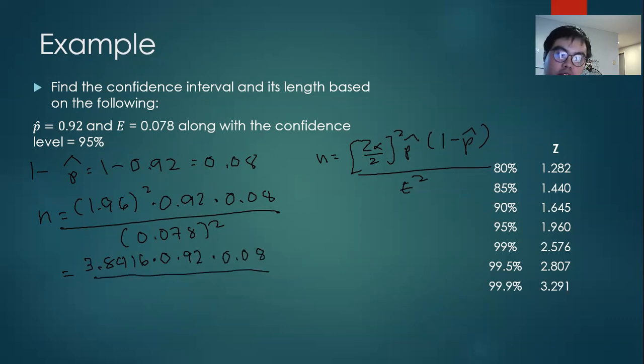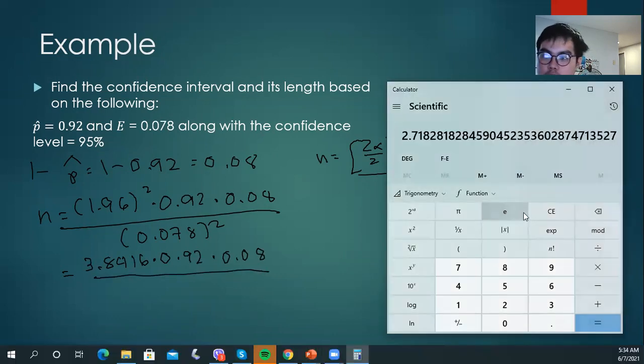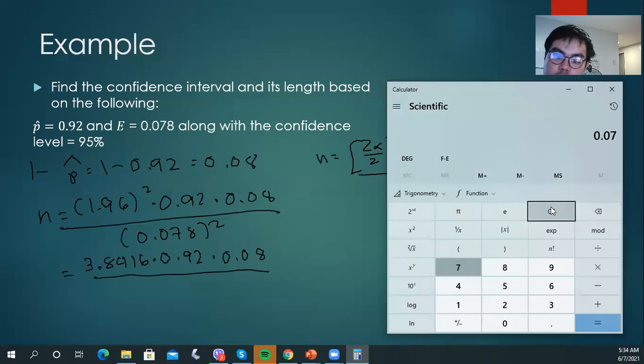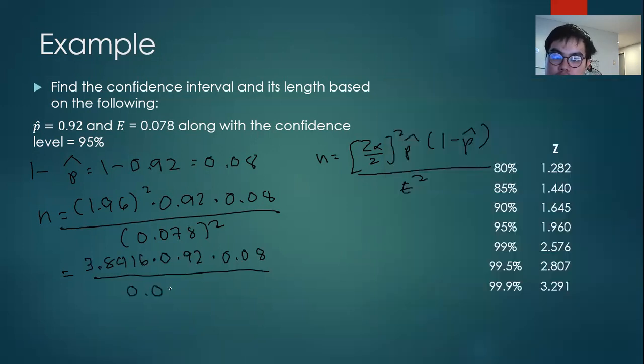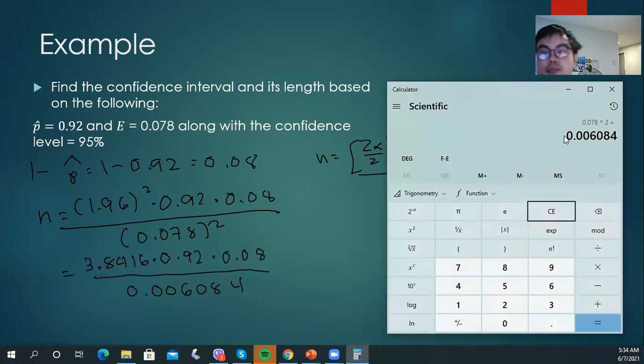Then we're going to find the square of 0.078. It will become 0.006084. To be more accurate, we can multiply and divide it directly.